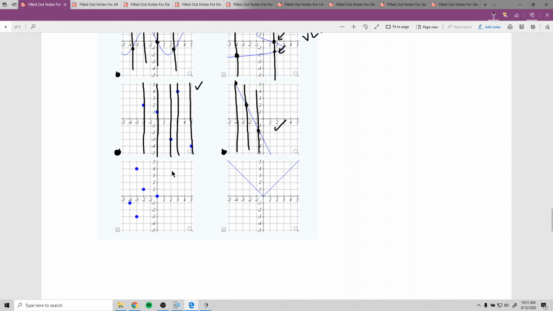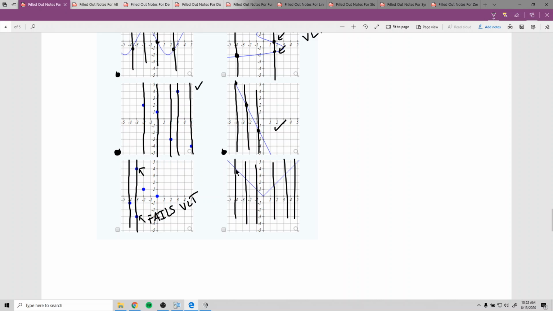The fifth one down here, if we draw vertical lines like we did before, we see that it's going to fail right here because it hits it twice. As soon as it hits it twice, it fails. We don't have to check anymore. And then finally, the last one, this V-shaped graph, also going to pass. Any vertical line we draw is only going to hit once.